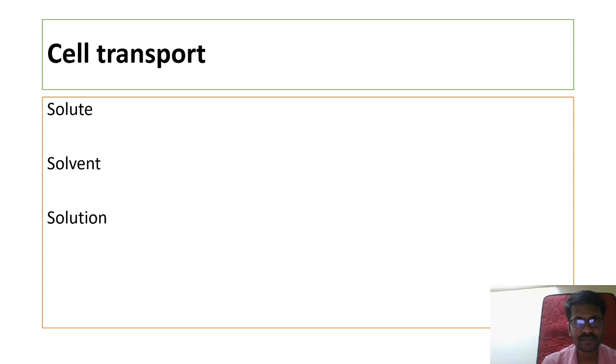So before starting cell transport, we should know about basic concepts. Solute. Solute is a minor part of a solution. A solute is a substance which is dissolved in a solvent. For example, sodium chloride is dissolved in water to form a sodium chloride solution. So NaCl, sodium chloride, is a solute.